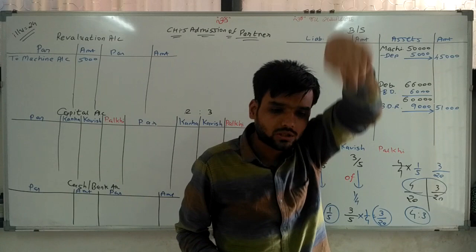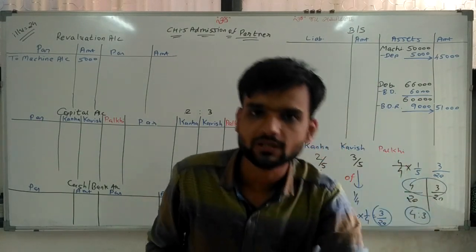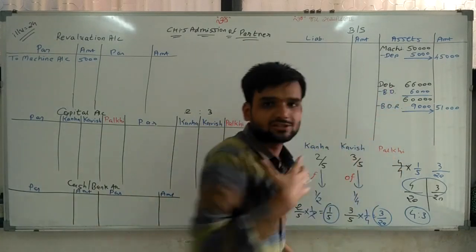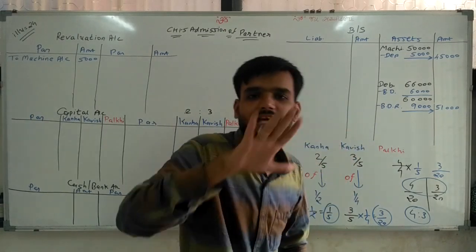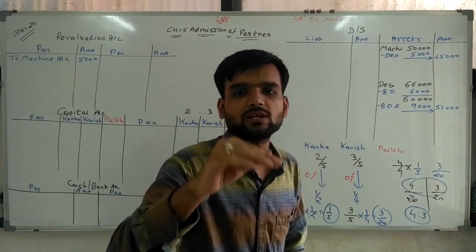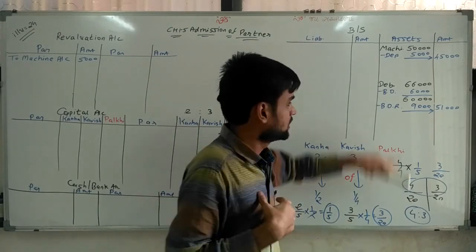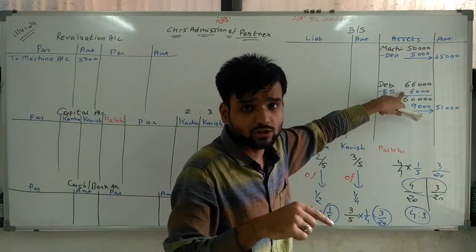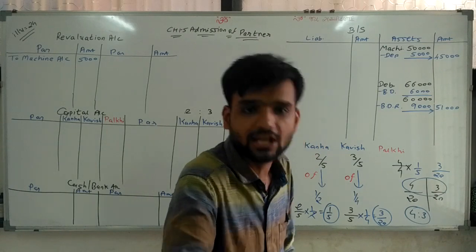We assumed 3,000 because 3,000 bad debt reserve is already given in the balance sheet.